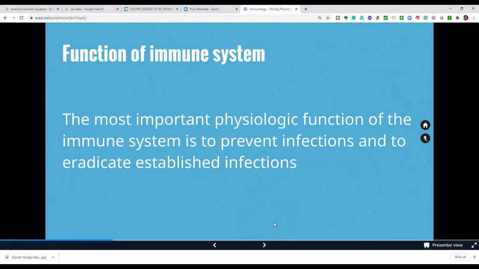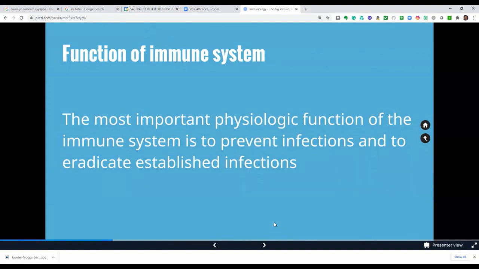So what is the main function of the immune system? As we said, the immune system is a combination of different things: cells, tissues, various molecules, and so on. The most important physiological function of the immune system is to prevent infection and to eradicate established infection. Firstly, it should prevent the infection.